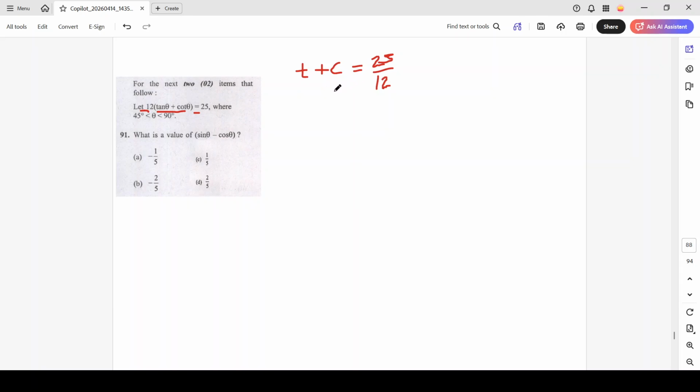If I closely look at this, tan theta is greater than 45, that means tan theta is 4 by 3. And cot theta is 3 by 4.